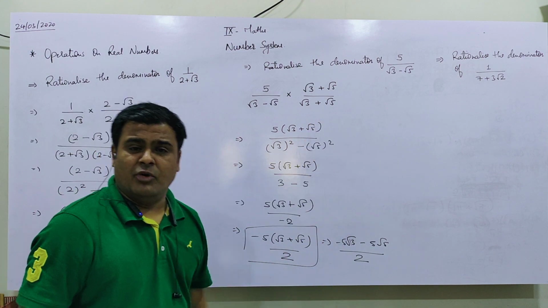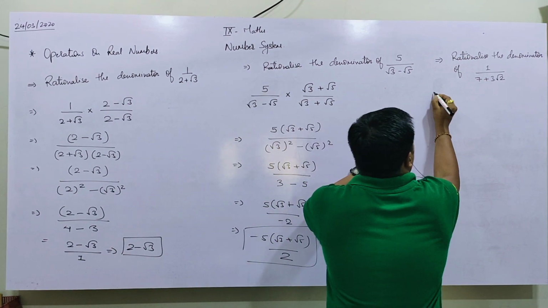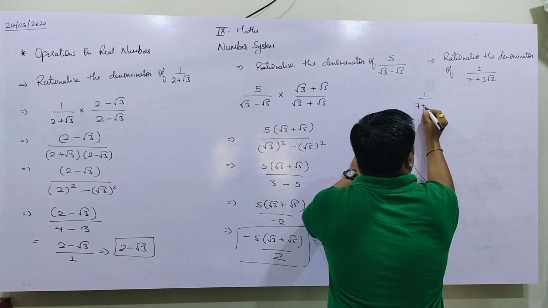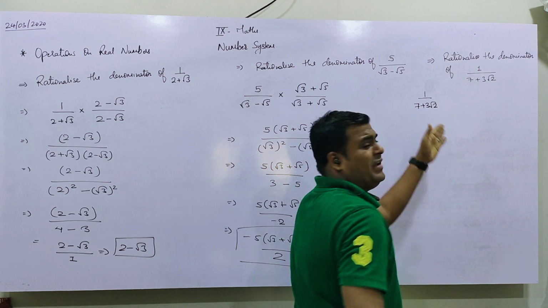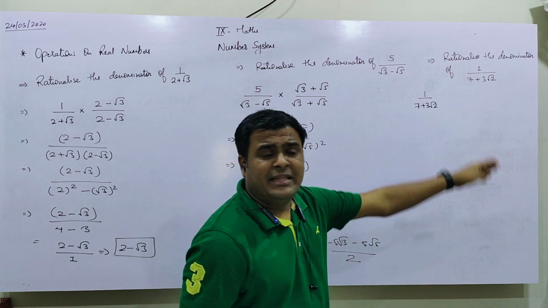Now let us take one more example, that is 1 upon 7 plus 3 root 2. We have denominator 7 plus 3 root 2.